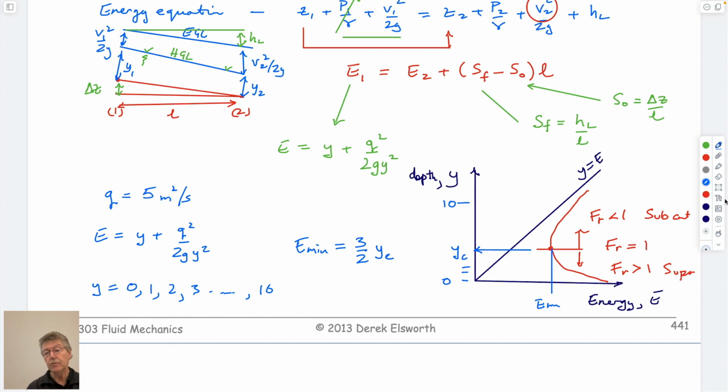And that would allow you to get all of these individual points here. So you can construct this curve merely by plugging and chugging some numbers.